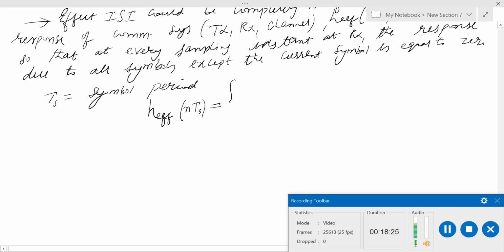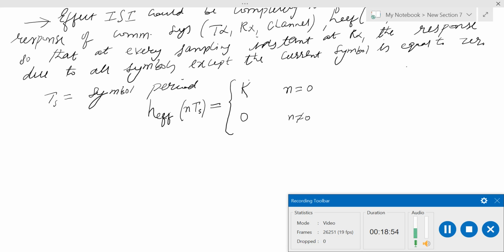Now this should be equal to what? At n equal to 0, it corresponds to the current symbol. So that should be equal to some constant k, and for all other n it should be 0. This is what it means mathematically, that the response of all other symbols is 0.